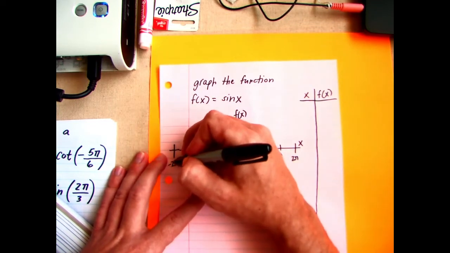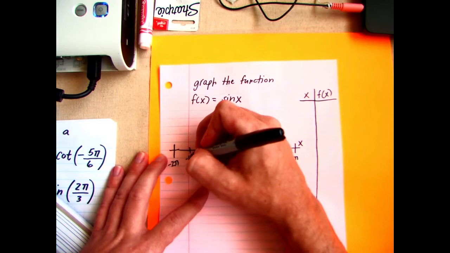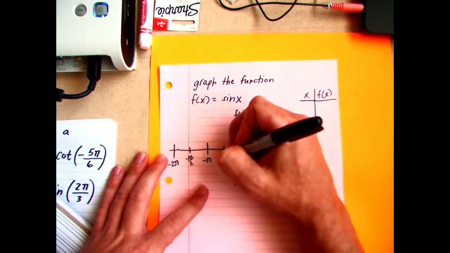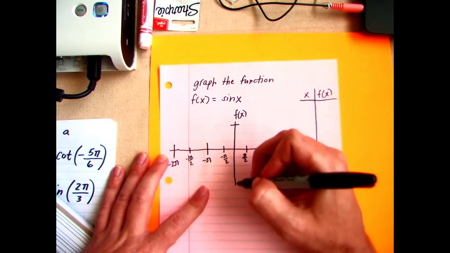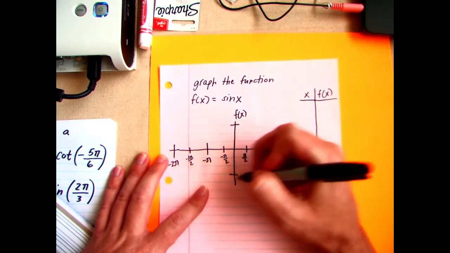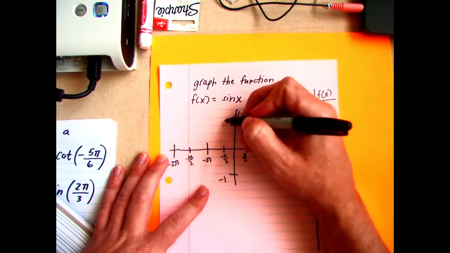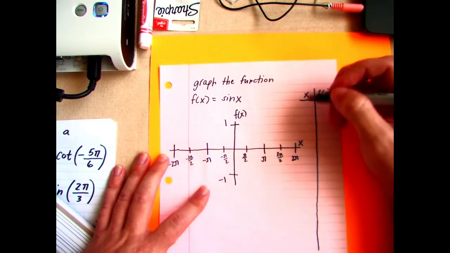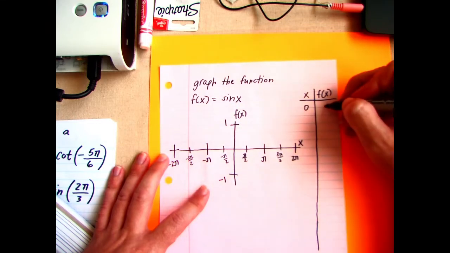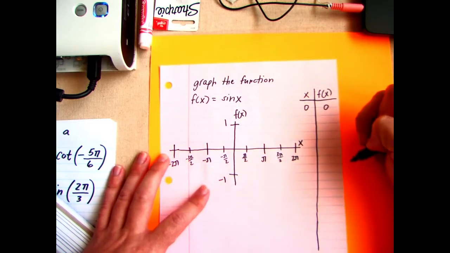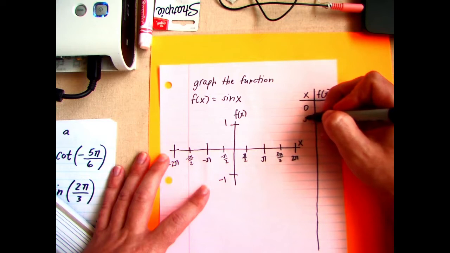On the left side, I'm going to go all the way to negative 2 pi. And for my y-axis, my f of x axis, we're going to go from negative 1 to 1, because if you recall, the regular sine function goes from negative 1 to 1. Alright, so let's plot some points.